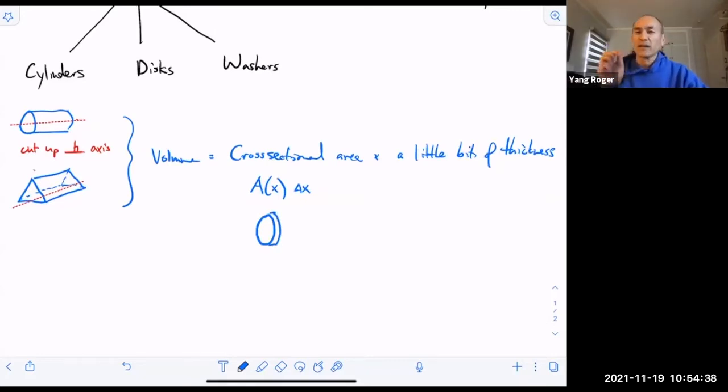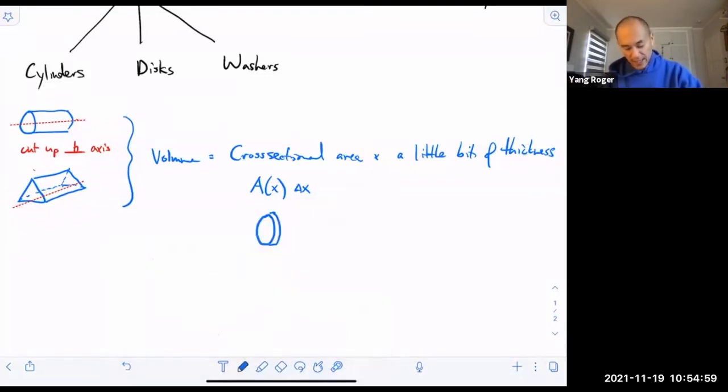So it's like a coin, a very thin coin. Okay. And in the triangular case, do you guys eat Toblerone? You know that chocolate Toblerone? If you look at the box, it looks just like this. It's like a triangular box.